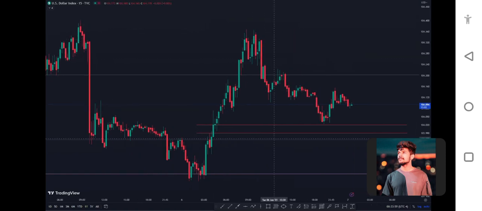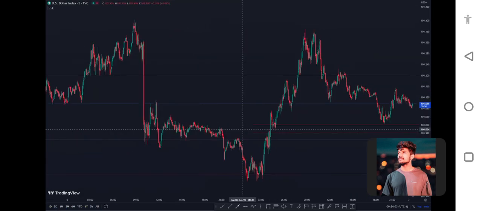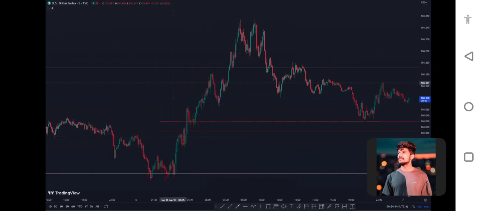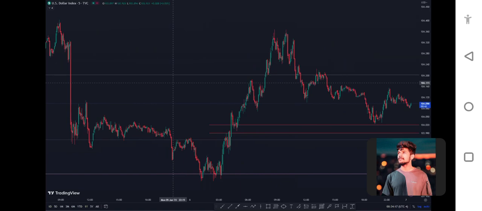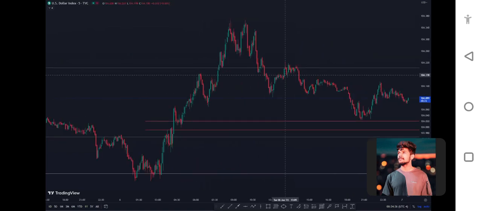What's this level? Let's go to the 5 minute chart. It looks like obvious liquidity here, but I don't want to participate in this market for the downside.